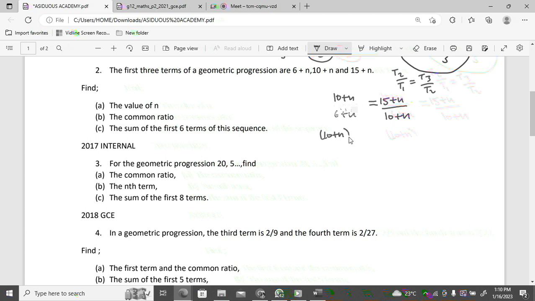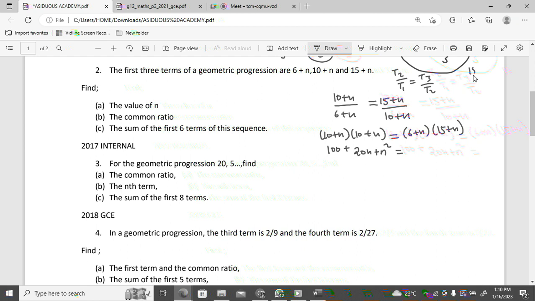So this is going to be 10 plus n multiplied by 10 plus n, equal to 6 plus n multiplied by 15 plus n. So 10 plus n multiplied by 10 plus n, we are going to get 100 plus 20n, and then plus n squared if you cross multiply.